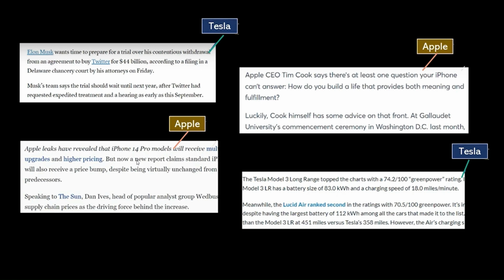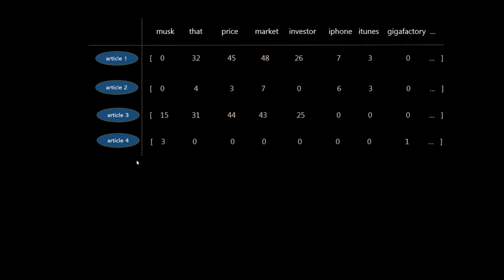Okay. If we see the bag of words representation of the model, here is the count of individual words across the vocabulary for the documents or the articles, Article 1 to Article 4. These are the unique words and so on. This is the entire vocabulary, and this is the bag of words representation.